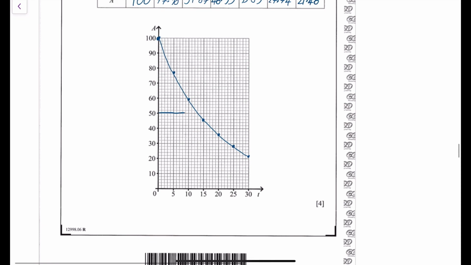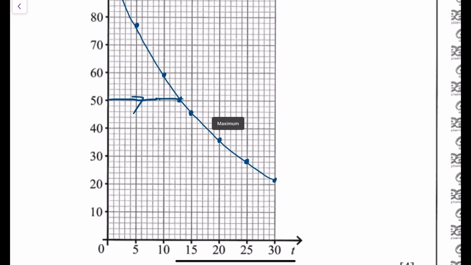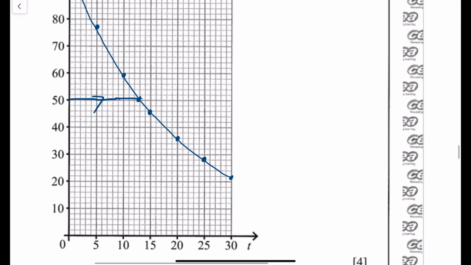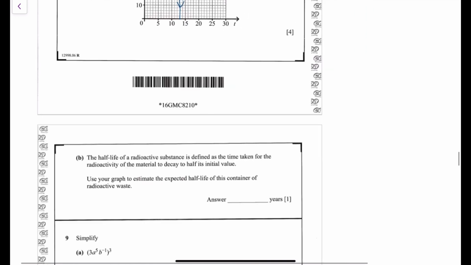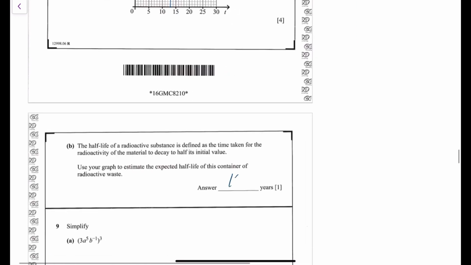So you're going to cross at 50 and down. And you should be using a ruler to do this. So if you go down from that, you will get very roughly about 13 years.